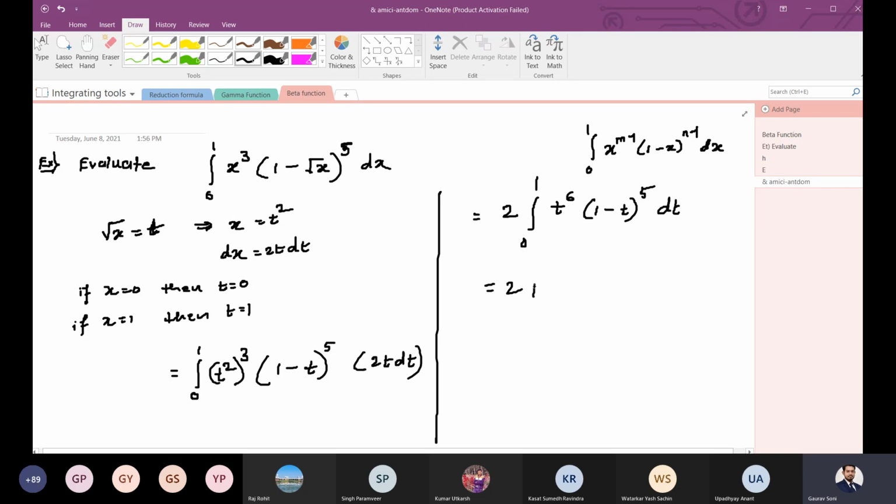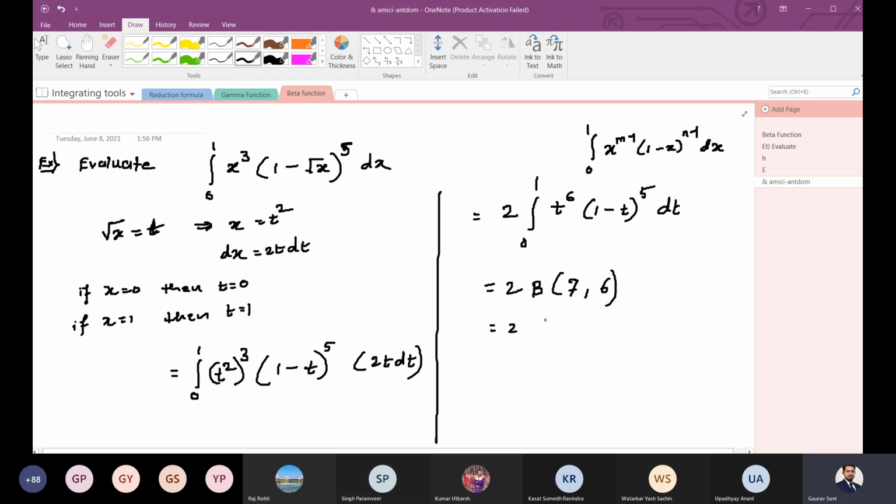So this is 2 times beta of 7 comma 6. It is 6 plus 1, so that will be 7 comma 6.